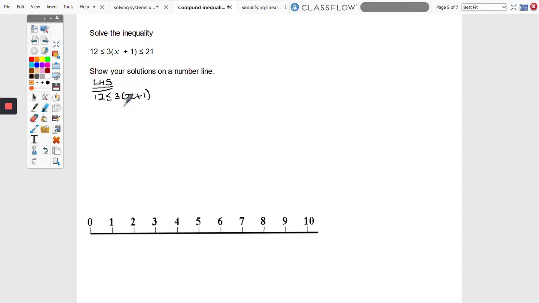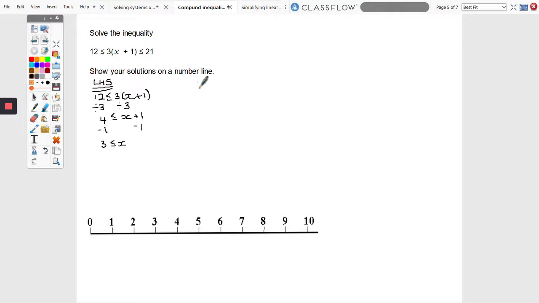You could expand this bracket, but because you can divide 12 by 3, it's probably easier to begin by dividing both sides by 3. And that will give you 4 is less than or equal to x plus 1. And then we're going to subtract 1 from both sides, and that will give us 3 is less than or equal to x.